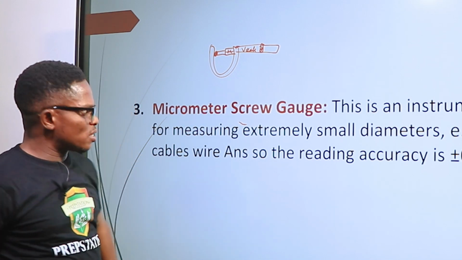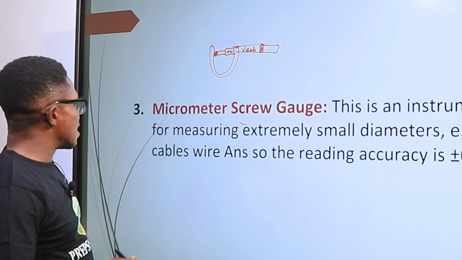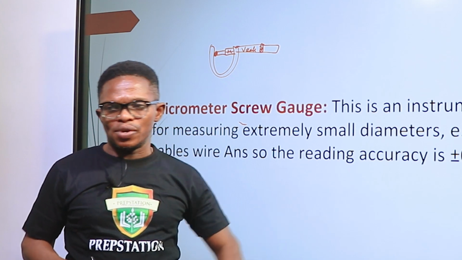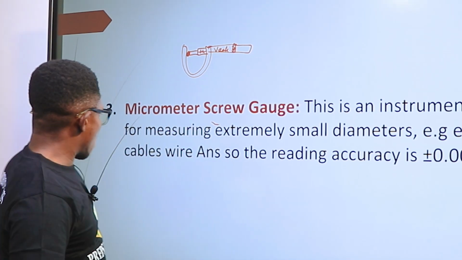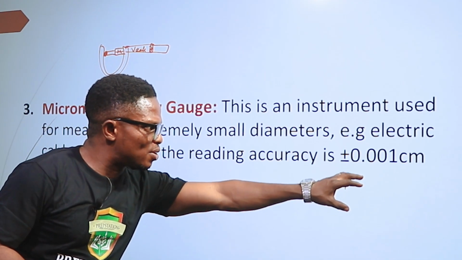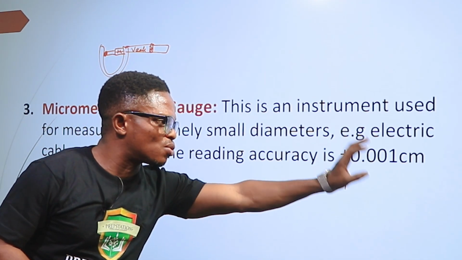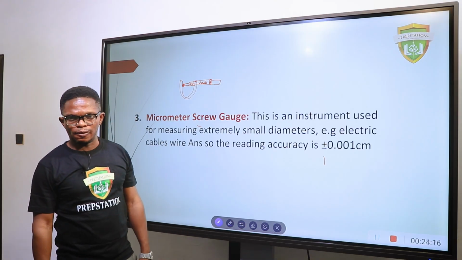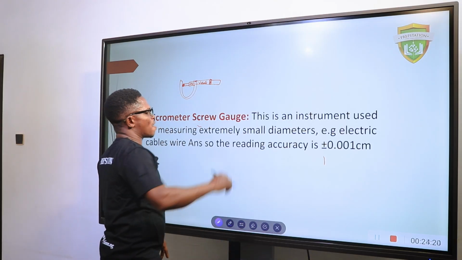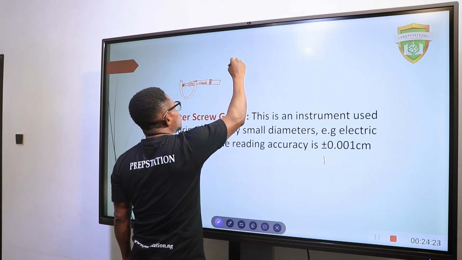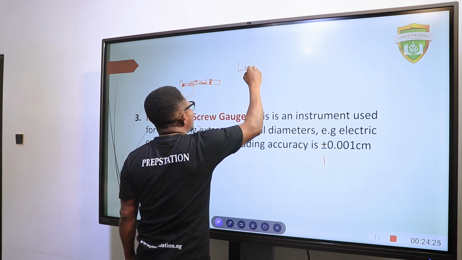But the most important thing I want to show you is the reading accuracy of micrometer screw gauge. And what is the value? Plus or minus 0.001 centimeter. So everything I've just given you here are instruments used for measuring just length.